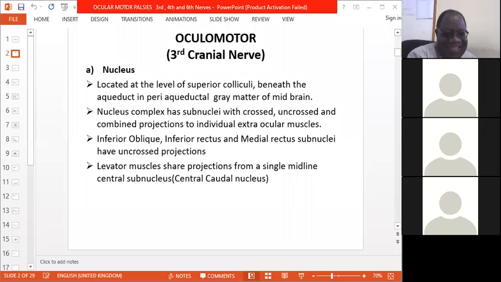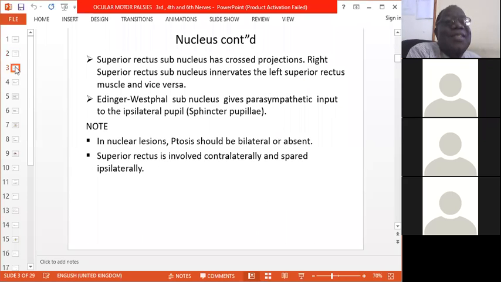With the crossed and uncrossed. Let me see. Located at the oculomotor nucleus. Now, about the superior rectus, the superior rectus subnucleus has fibers which have cross projections. Cross projection means the right going to the left.